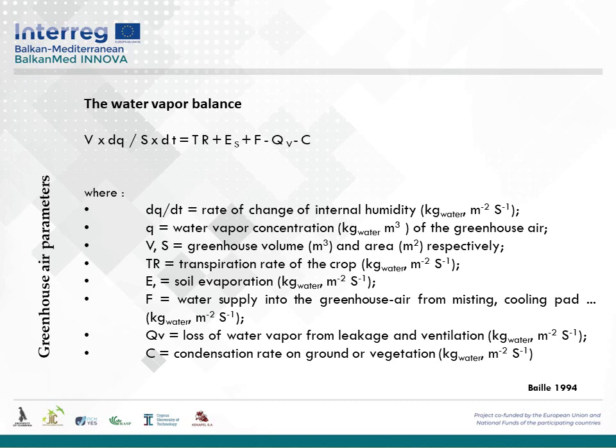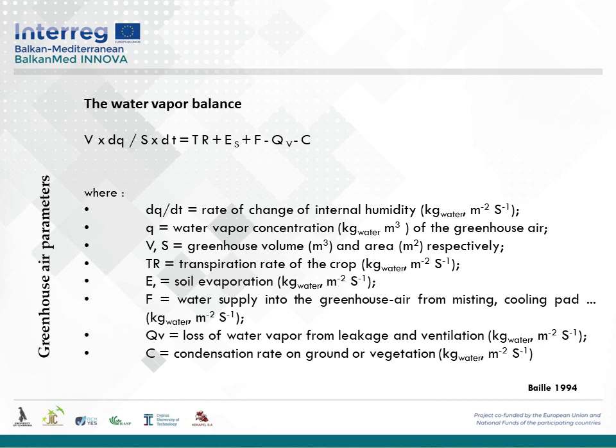Then follow the water supply into the greenhouse from misting or the cooling pads, and on the other side there are losses of water vapor from leakage and ventilation, and water losses from the condensation of water vapor on the ground or the vegetation.